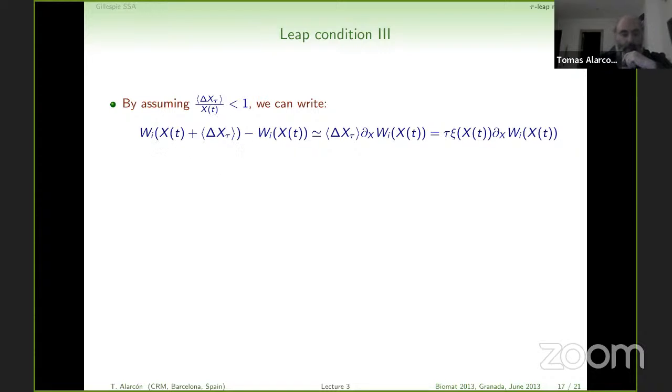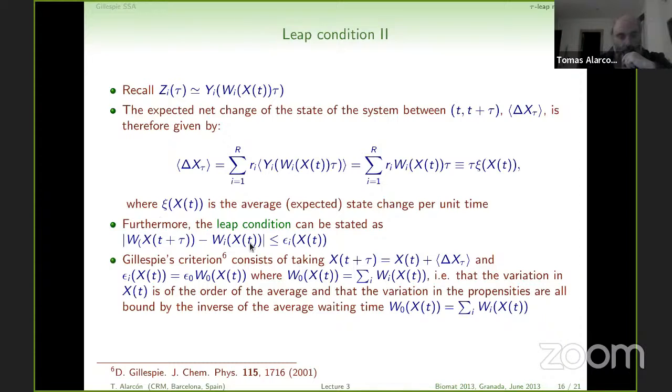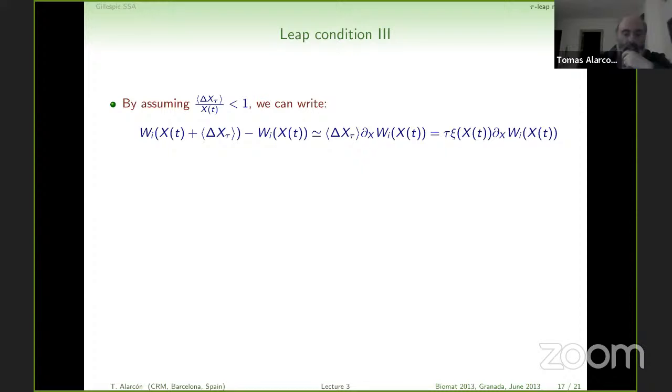In this case, we can use this formula here. So x of t plus tau is approximately equal to x of t plus the average value of the net change in the variable. By using this, we can Taylor expand this thing, and if we stay at first order, this is what we get.